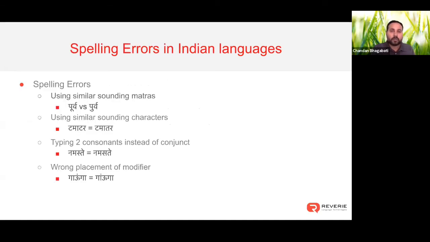Even if you want to use an edit distance kind of algorithm, in the case of these two, namaste and namaste, the system recognizes or treats the halant as an individual character, so it may not give a good or relevant result while doing the edit distance algorithm. So that may lead to a different problem.